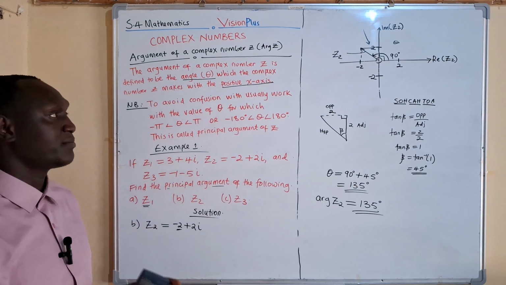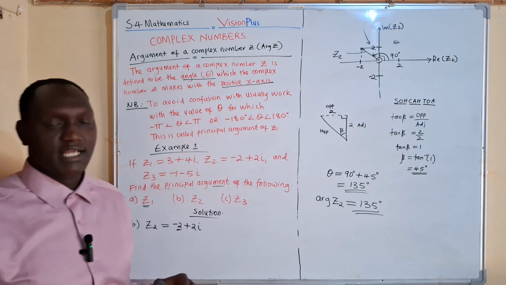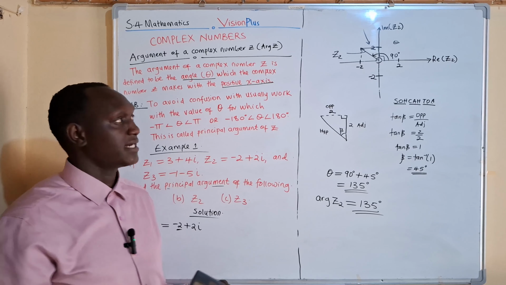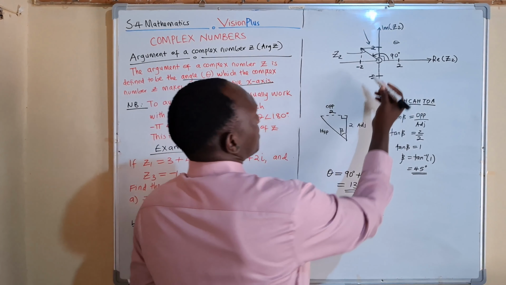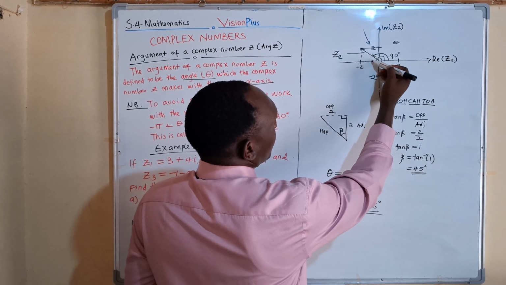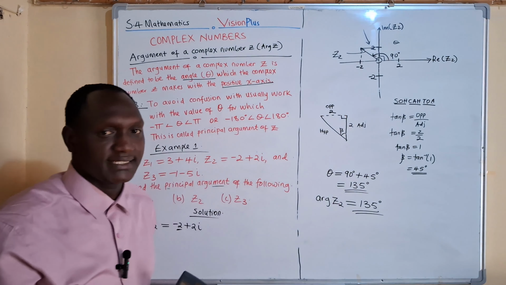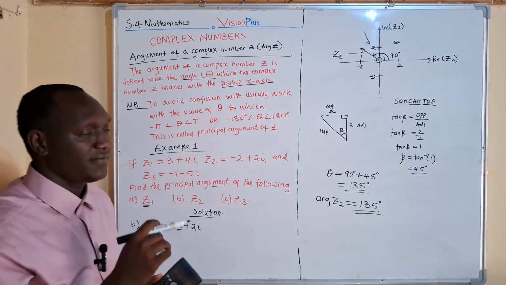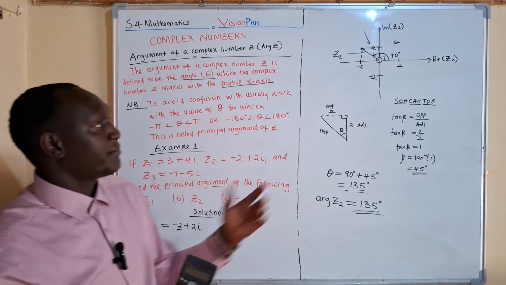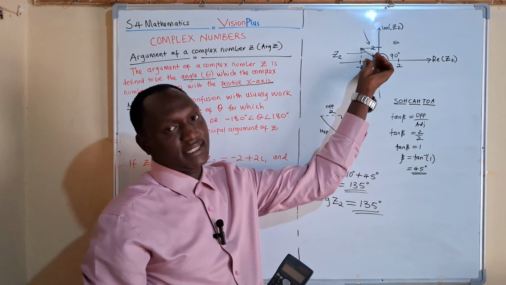There are very many approaches to solving this, as long as you have drawn your Argand diagram. Someone could begin by getting this angle here that the complex number makes with the negative x-axis. After getting that angle, remember the whole of this side is also 90.